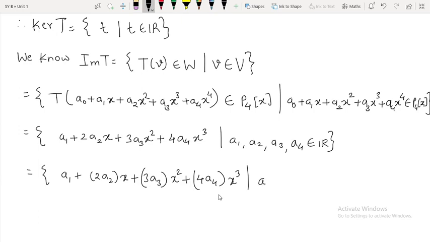Okay, such that this a1, a2, but we will be more precise, so I will say such that now whatever these real numbers are there. Okay, so fine, here I will keep it as it is, such that this a1, a2, a3 and a4 belong to R. Okay, so which is further equal to, so be more precise, a1.